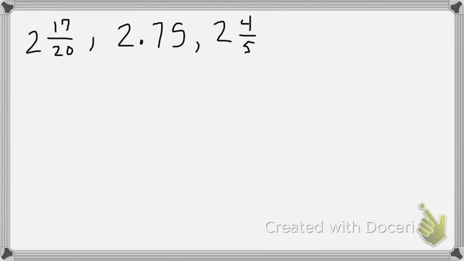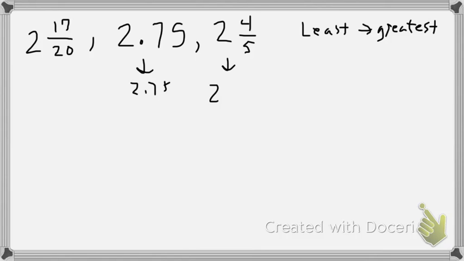So we have 2 17/20ths, 2 75/100ths, and 2 4/5. So 2.75 is fine. We're going to go ahead and put this from least to greatest. So this one is 2.75. This will be 2.8 because 4/5 times 2 over 2 is going to give us 8/10.